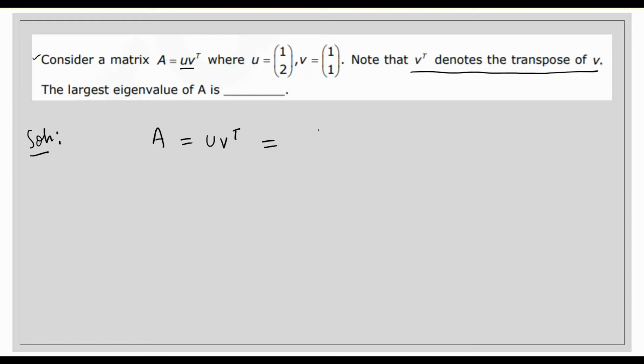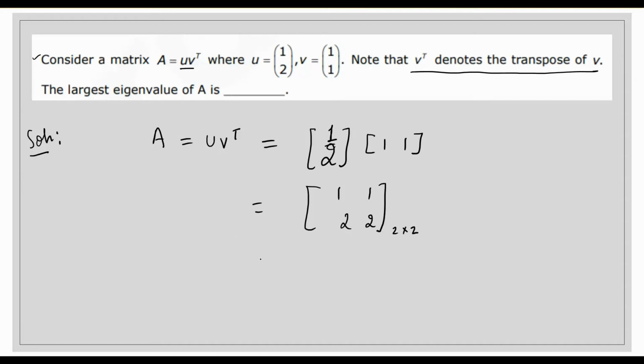So this will be equal to, this is already given, my value of U is this, and V transpose will then become, this is a column matrix, this is a row matrix, and if I multiply these, I will get this. This is a 2 cross 2 matrix.